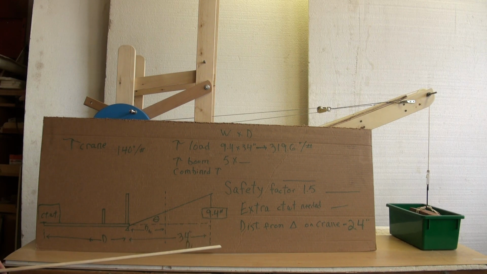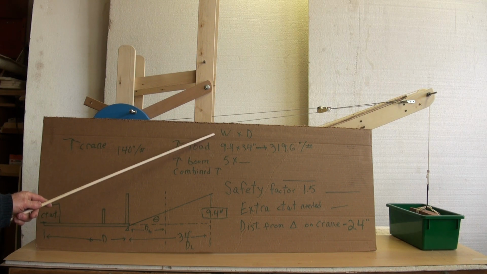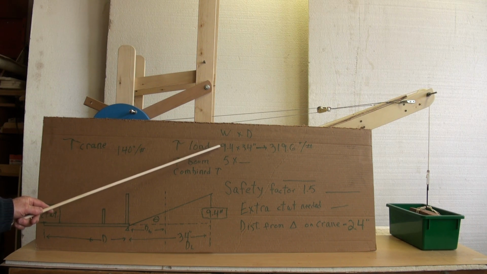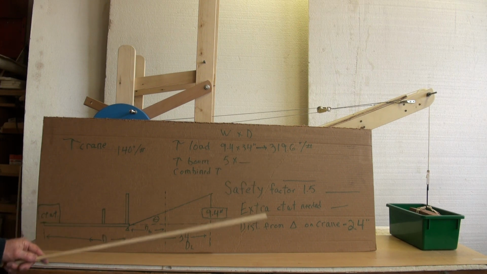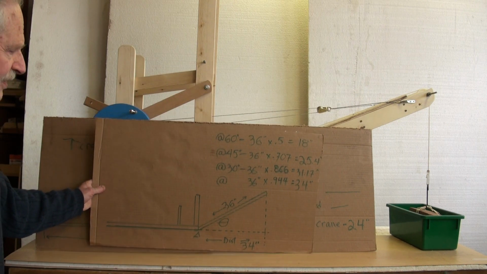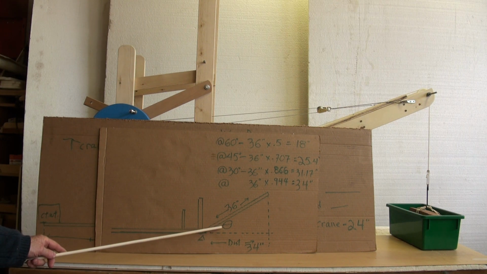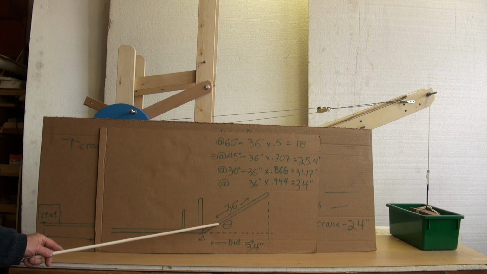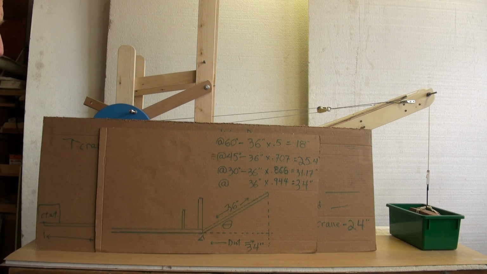You're going to have to figure out this stuff. The torque of the load we figured out before, weight times distance, right? Two bricks is the load, we know the distance is 34 inches, that's what you get. Now what about the torque of the boom? The boom weighs 5 pounds. How do we figure out the distance? Well, theta is 19 degrees, and the cosine, the number, is 0.944.